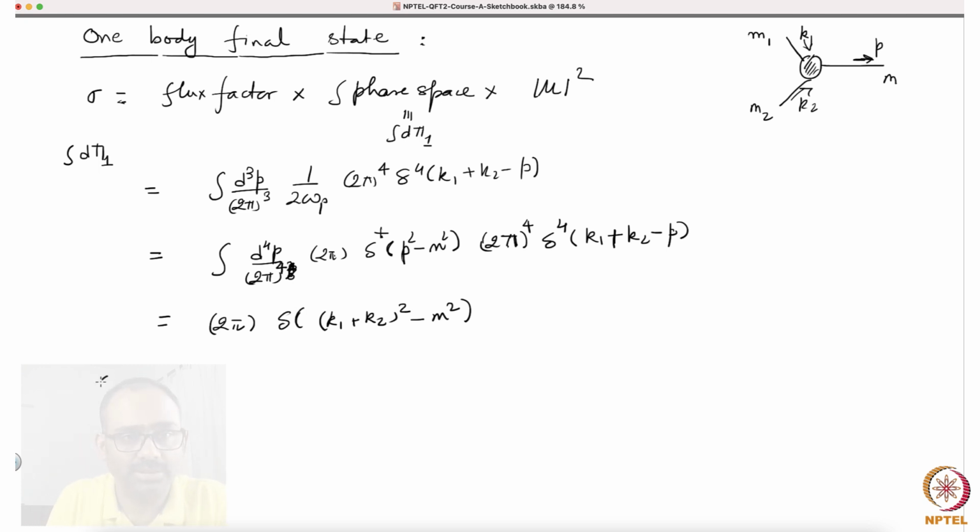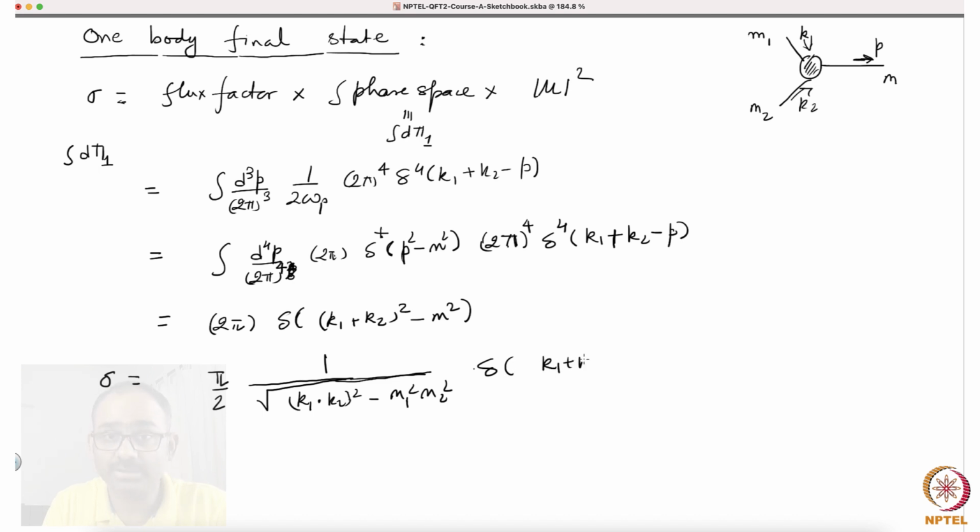So the cross section sigma is now pi over 2, 1 over (k1 dot k2) whole square minus m1 square m2 square, times this delta of (k1 plus k2) whole square minus m square, times the matrix element square.